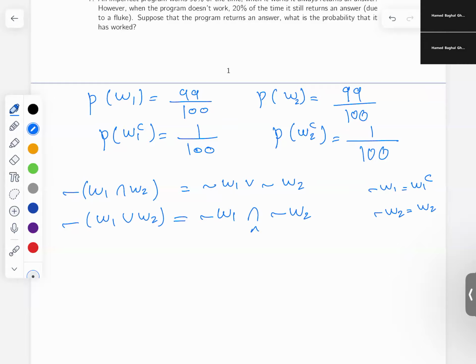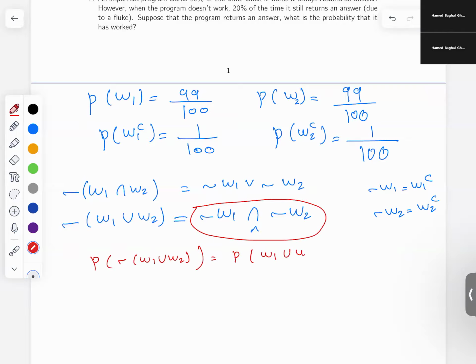Right. So let's proceed firstly by this one. Probability of negation W1 and W2, in a different notation, the probability of W1 union W2 complement.